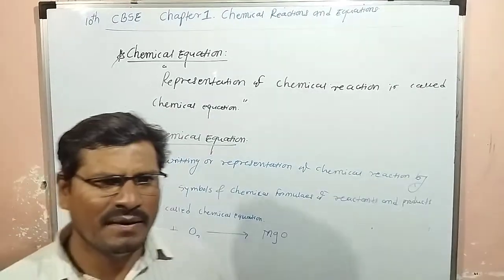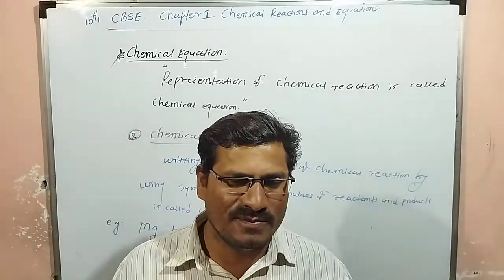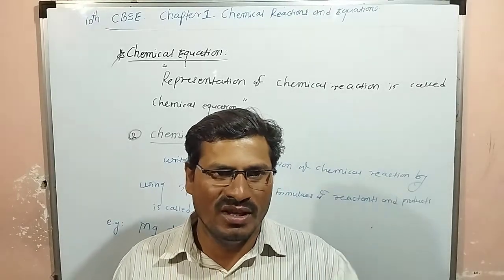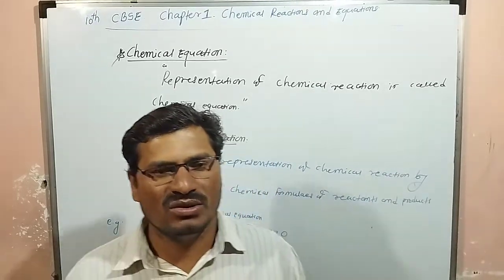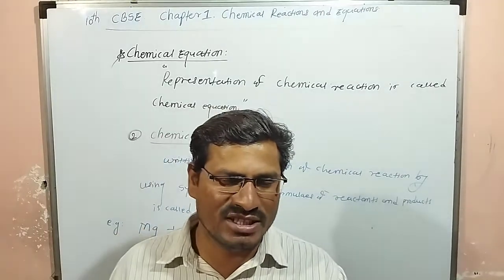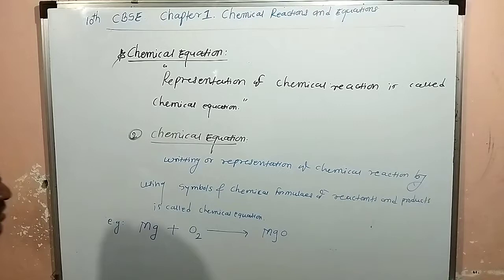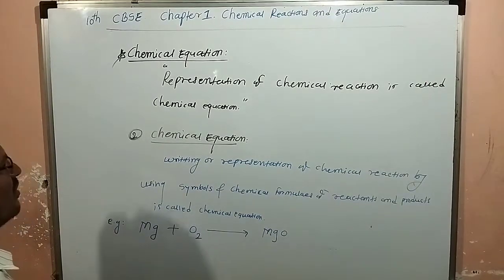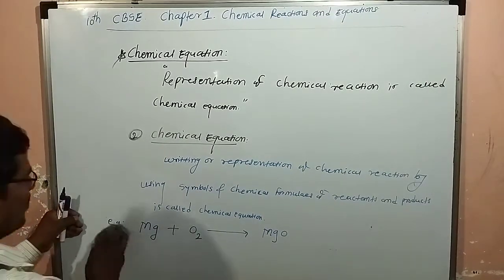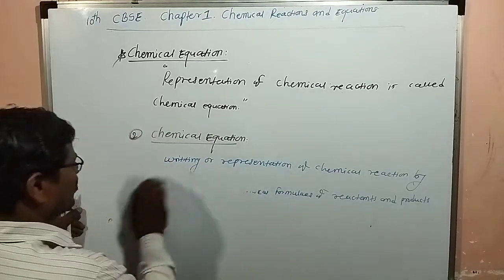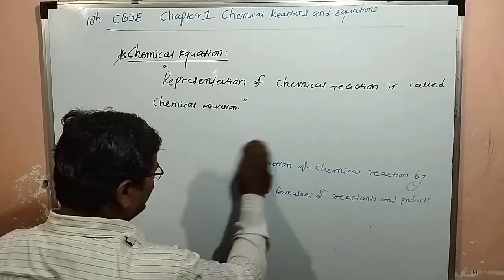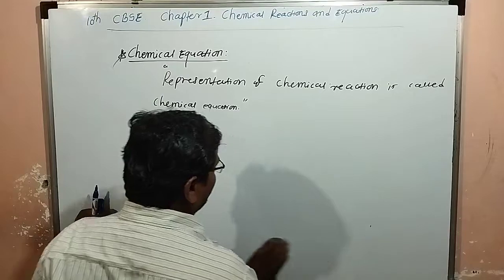So the next thing, after this, we are going to study about sign conventions, or what are the ways to express, to write, to represent the chemical reaction. We'll see with the help of examples how to write the chemical reaction or how to write the chemical equation.